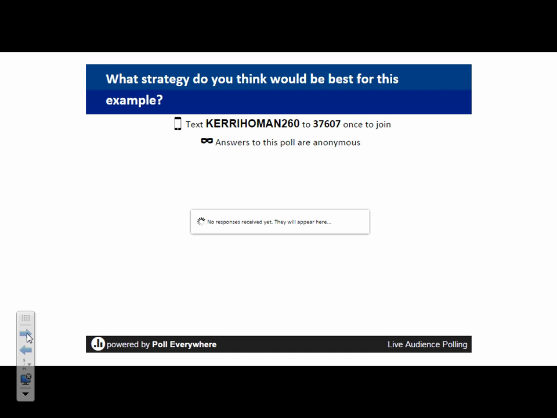So what strategy would be best to integrate this example? When you join, you get a response saying you joined, but then you will not get a response after that. Once you're in, text me how you think we should tweak this integral.